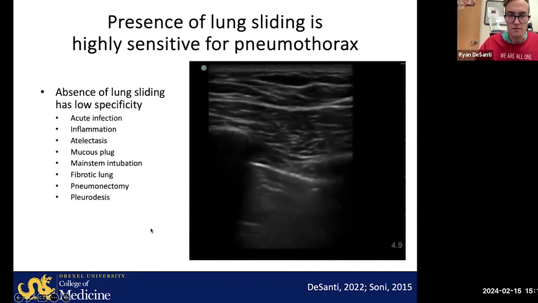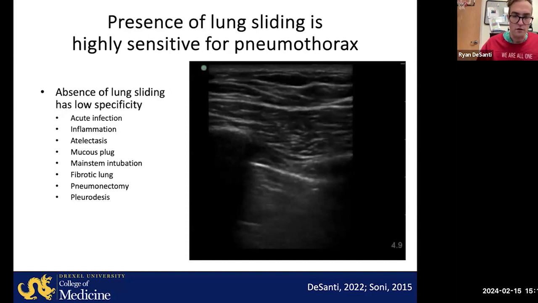And so absence of lung sliding can occur in multiple different things, especially which we'll see in the intensive care unit, such as acute infection with a lot of inflammation, if patients have regional atelectasis or mucus plugging, as well as main stem intubation, in which air is not going into that particular lung.